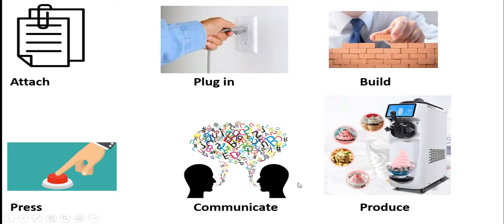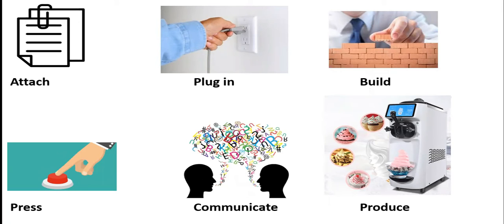Then we have produce. Produce is basically to create things from a certain device. It is not the same thing as building, because building, you do it once. You build a machine. I can build this ice cream machine from zero, get all the elements, get all the material, and build it.